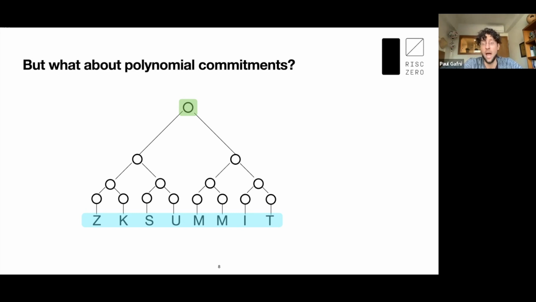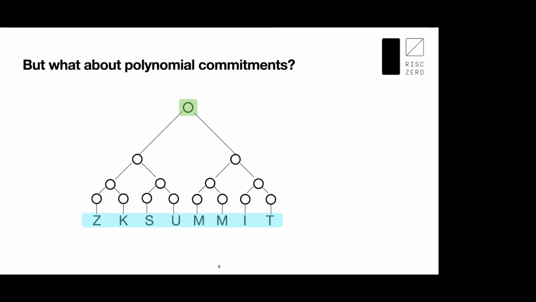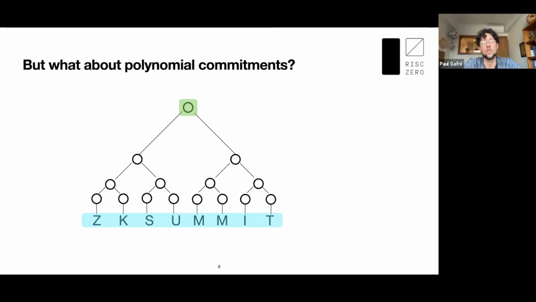That's the sort of magic of the FRI protocol: the verifier is able to check this assertion about a tree with 1 million leaves while only actually seeing a handful of those leaves. So we're able to make a conclusion about this giant tree that should correspond to this giant polynomial while only seeing a very small section of it.